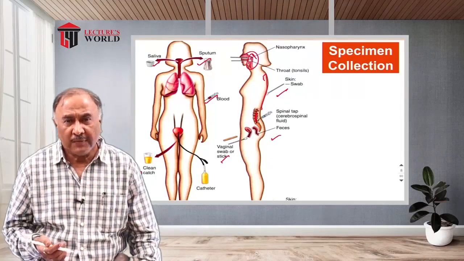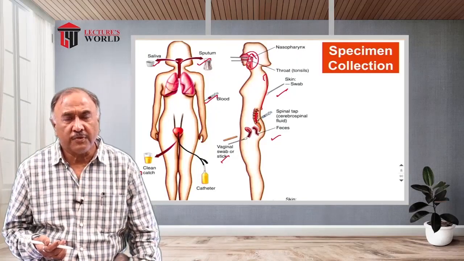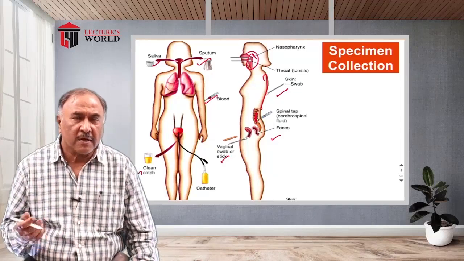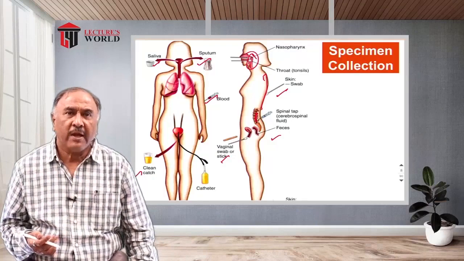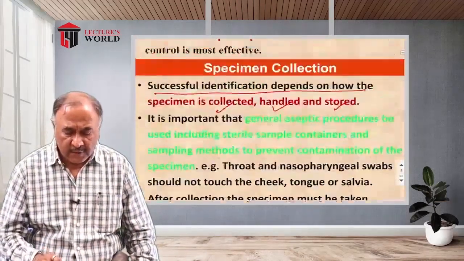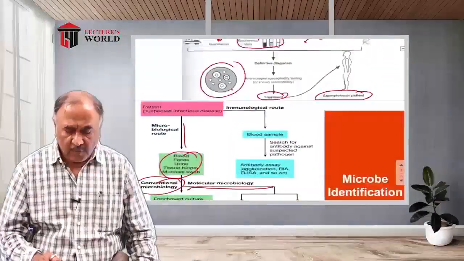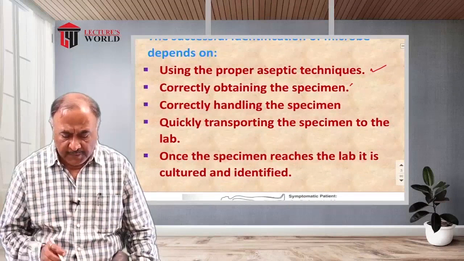So the point is, the clinical individual, that is the doctor or a clinician, should be able to identify the location from where the sample is to be collected. That is what we call correctly obtaining the specimen.